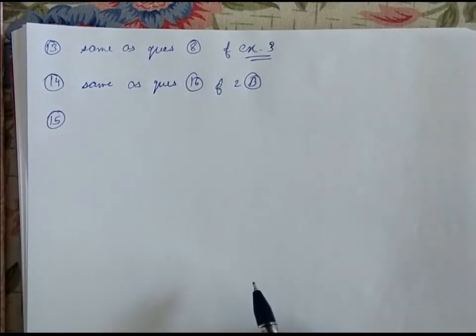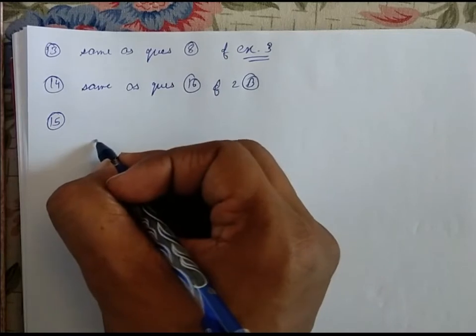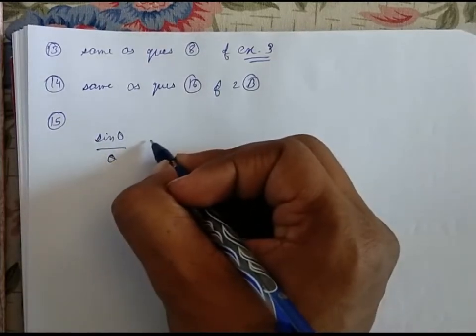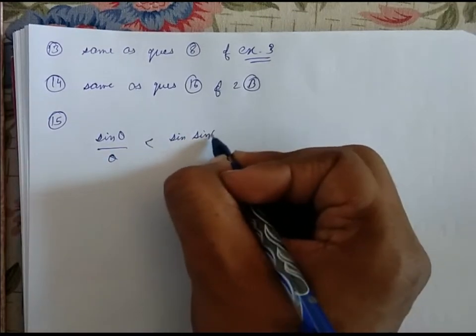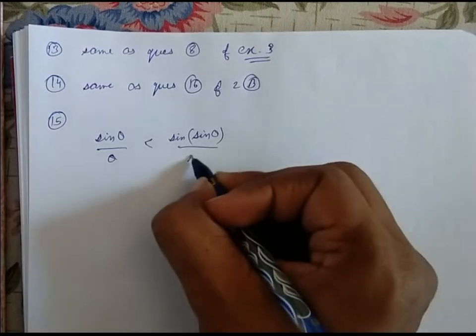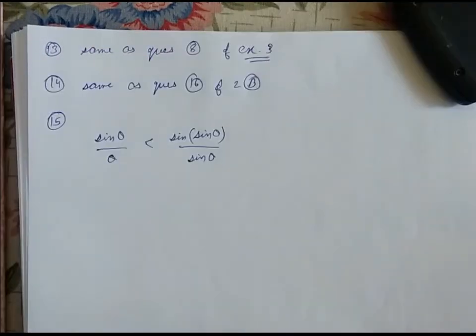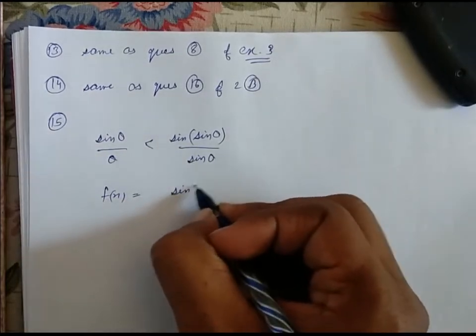What we need to prove is sin square theta is less than theta sin theta. So indirectly, we need to prove that sin theta upon theta is less than sin of sin theta upon sin theta. Okay. So for this, first we'll assume a function f(x) is equal to sin x upon x.